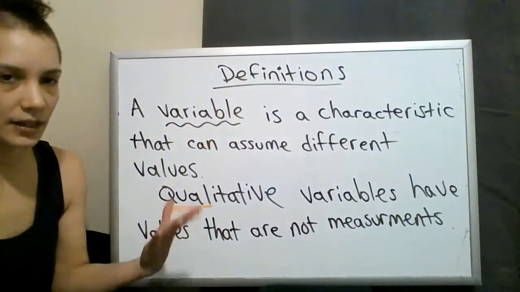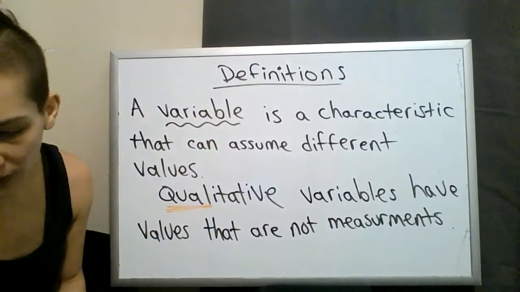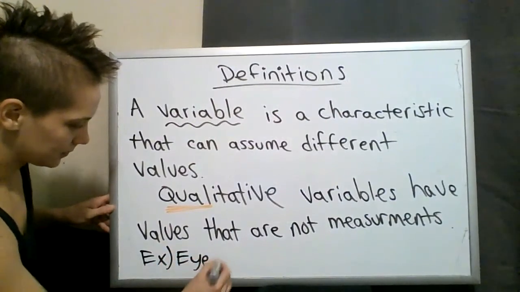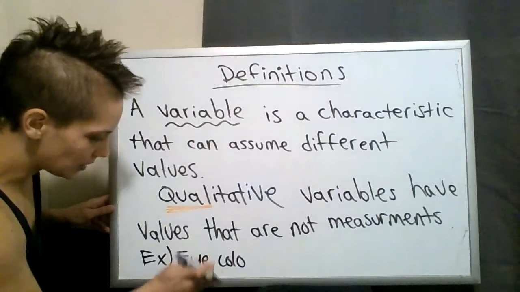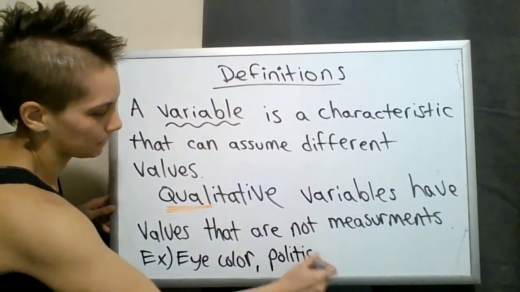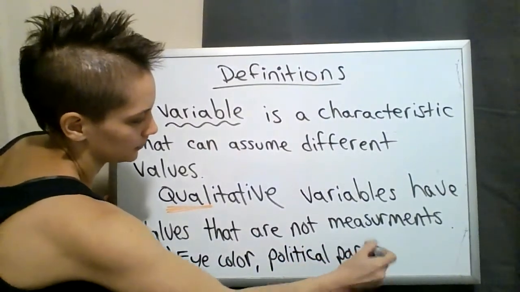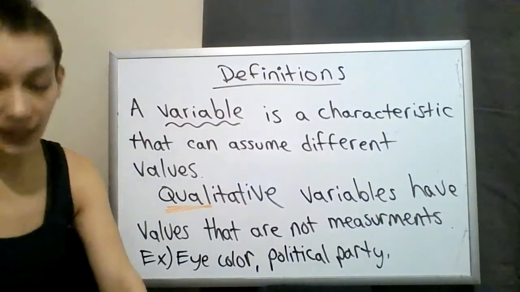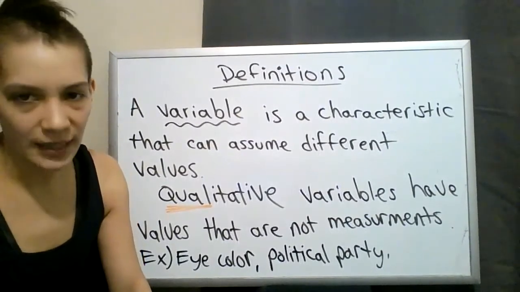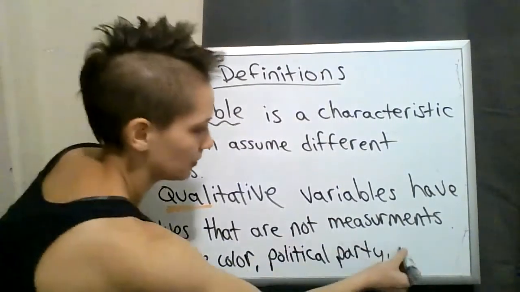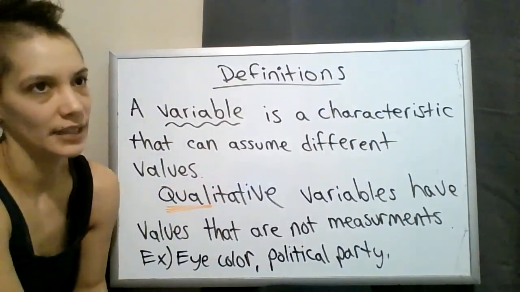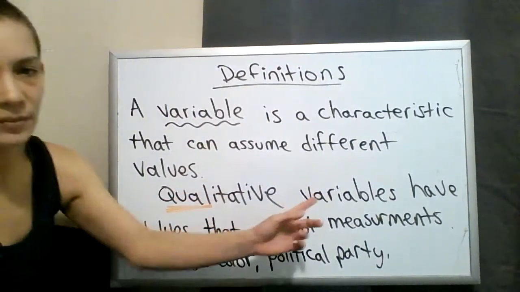Something like eye color or political party. Or your profession or blood type. Like your blood type can be A, B, O, which aren't measurable. They're just letters that are possible values of a variable.